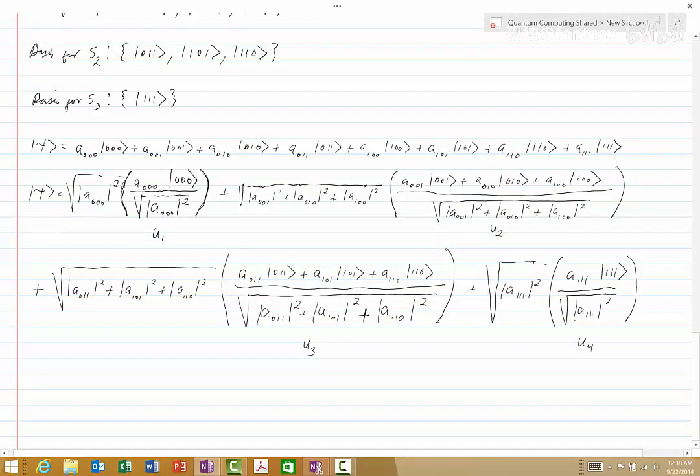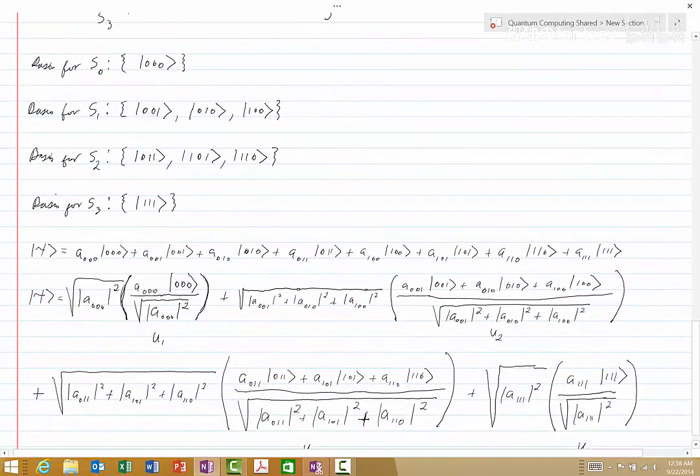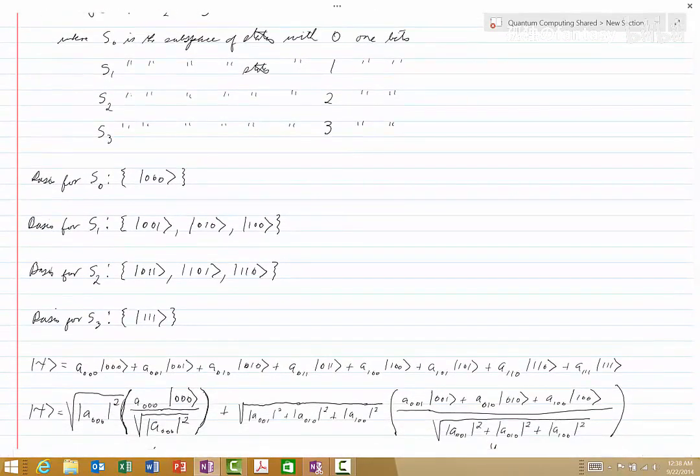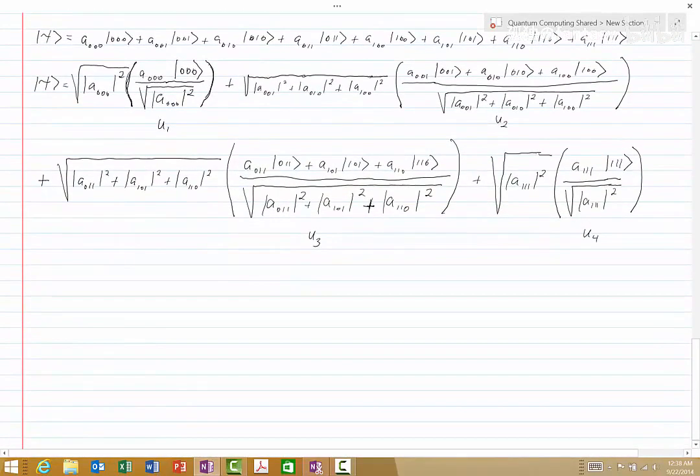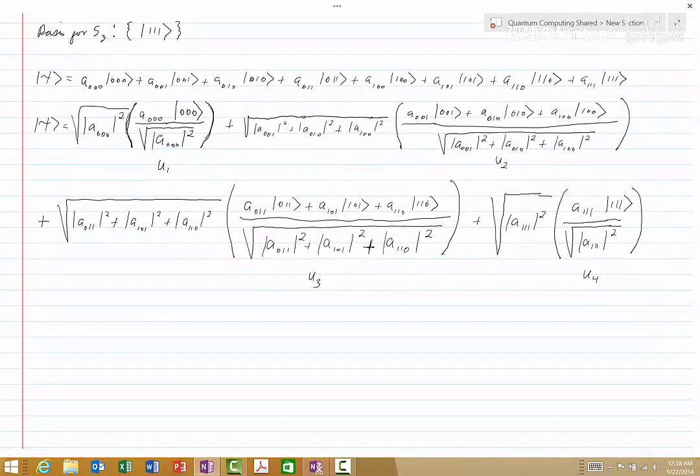So I hope what you've concluded here is the following. Here is our arbitrary 3-qubit state C. And then, just as we've done in our previous problems, we're going to group the different parts that we're interested in.